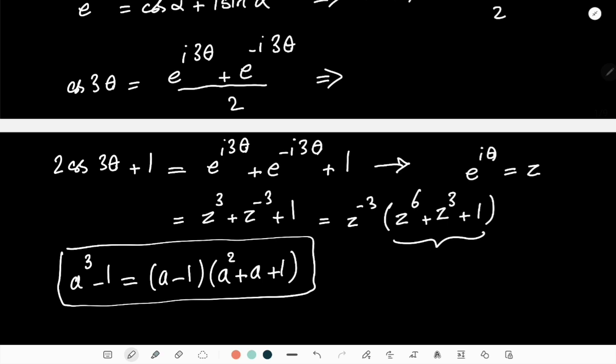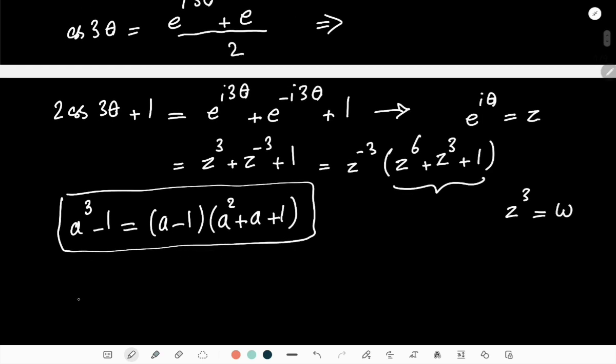So instead of z cubed, let us take, for example, omega, or w, but let's take omega. Then I will get omega squared plus omega plus 1, which is very similar to the second expression here, which suggests that all I need to do is multiply the numerator and the denominator by something like omega minus 1.